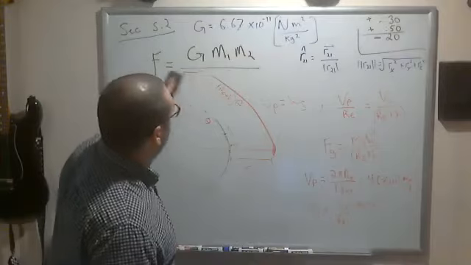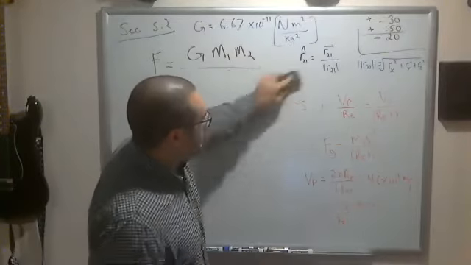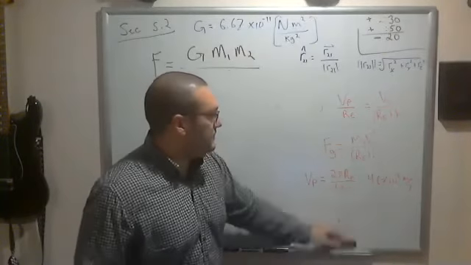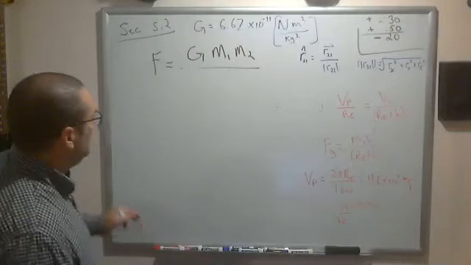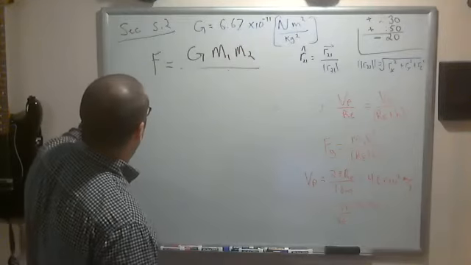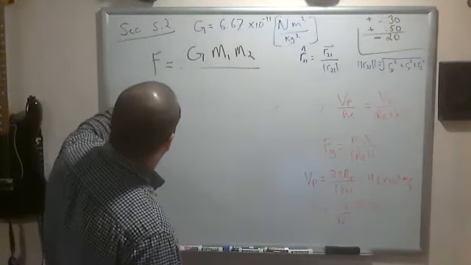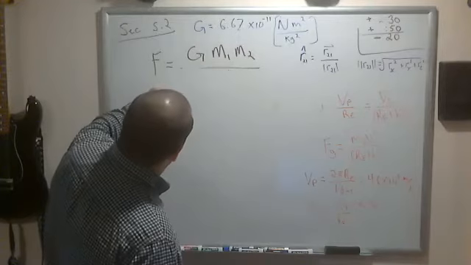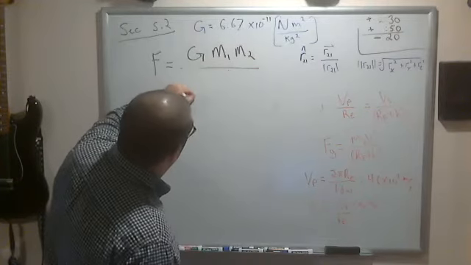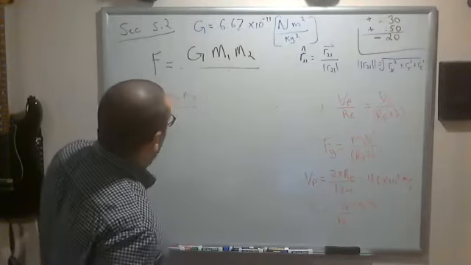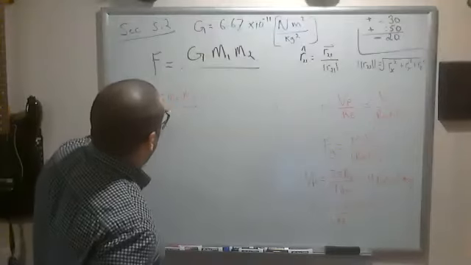Now what we'll do is we'll plug this into this formula. So FG is equal to G times ME times MS, divided by r squared.